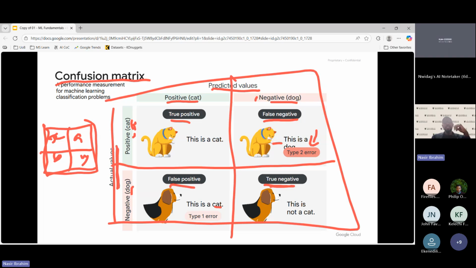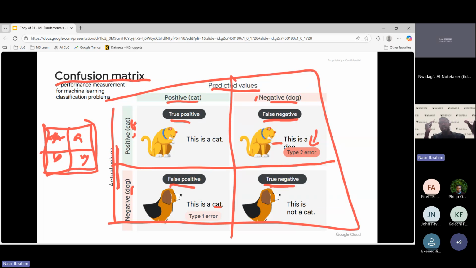We build a matrix like this that tells us true positive, true negative, false positive, and false negative. These are the actual counts. So if you evaluate your model with, for example, 10 samples or 100 samples, let's say you have 50 dogs and 50 cats, you count how many cats were actually predicted as cats and put them in the first cell.